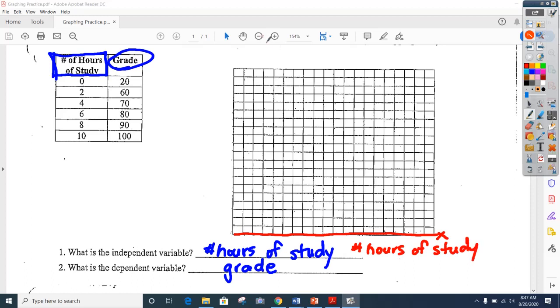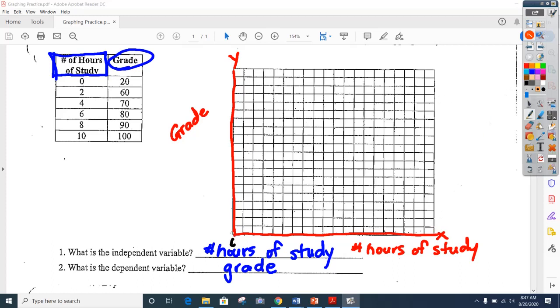And I would label my y-axis up here, meaning this vertical line, I would label that the grade, the student grade. So let's plot some data. In order to do that, I have to divide up, I have to label what each line represents on my axis, okay? So I'm going to do that in black. I'm hoping you can see that.